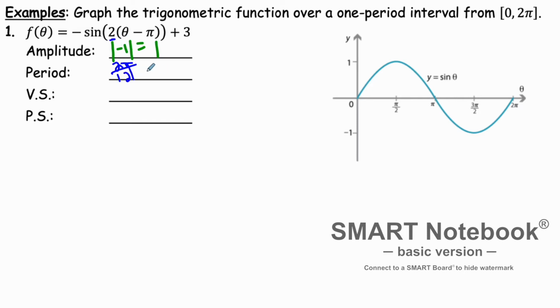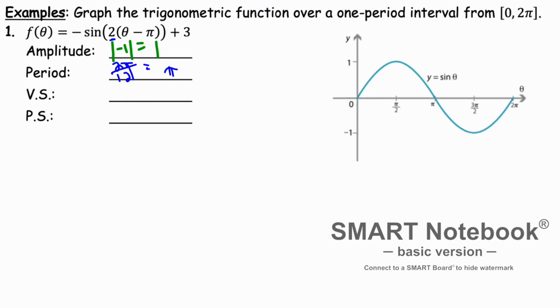So the absolute value of 2 is just 2, and we end up with pi. And for period, we're going to take all of those x coordinates, 0, pi over 2, pi, 3 pi over 2, and 2 pi, and divide that by 2 or multiply by 1/2. We'll do that in that step.